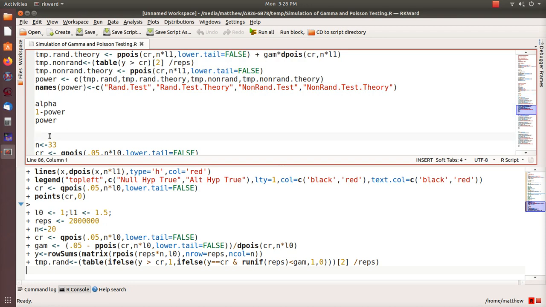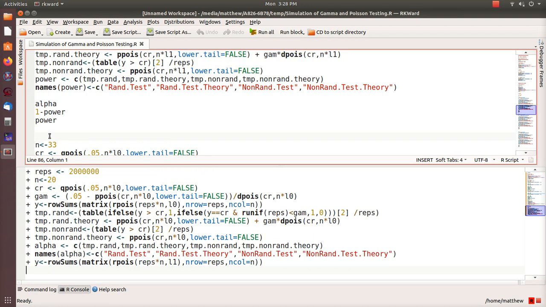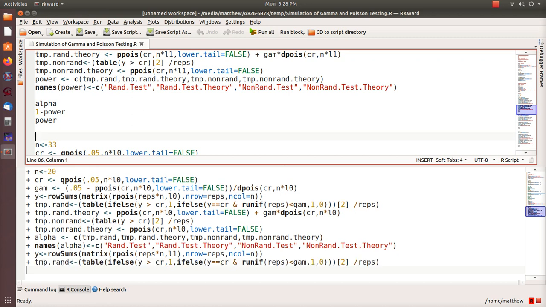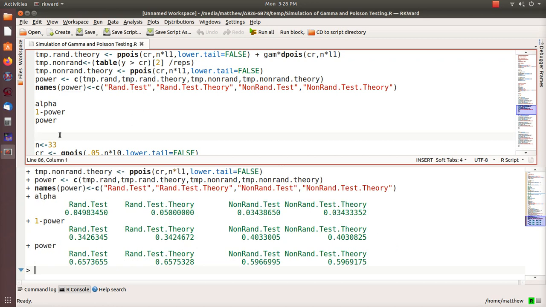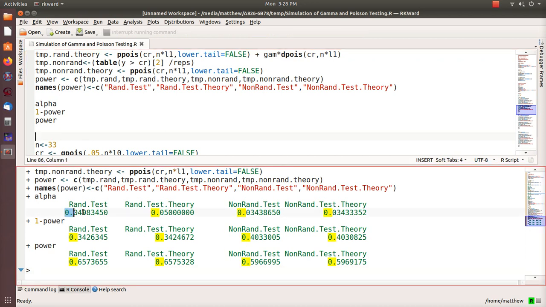So it's currently running. We're doing 2 million reps, so it takes a second or two each time it runs and then calculates. The randomized part of this is much slower than the non-randomized test. So for the randomized test, where we try to shoot for an exact 0.05 size or significance level, it's really close. For the non-randomized test, the best we can do without going over 0.05 is an alpha of 0.034.